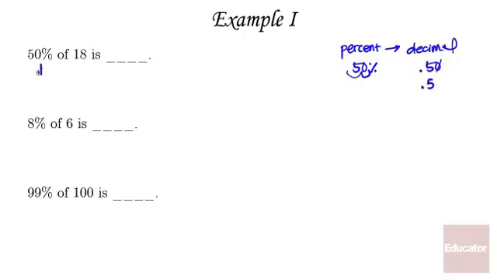Okay, so this is 0.50 or 0.5 of means times, remember if I'm going to multiply 2 numbers together, I want to write it in parentheses, times 18, is equals the number, right, x, which is what we're solving for.